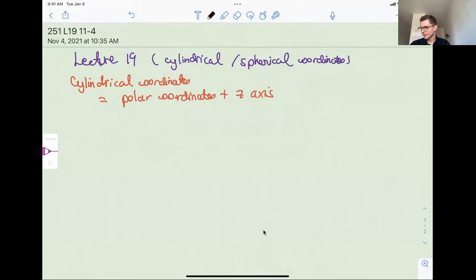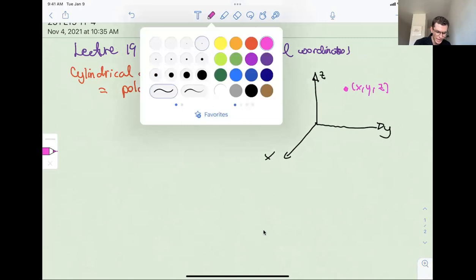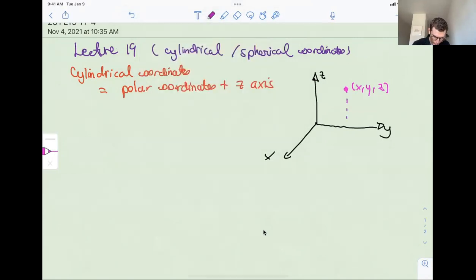By that, I just mean that if you have x, y, z, and you take a point here, x comma y comma z, then in cylindrical coordinates, you can imagine that this point has a shadow on the xy plane, right?